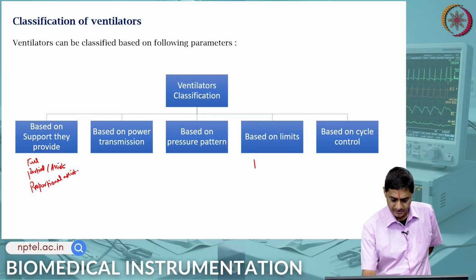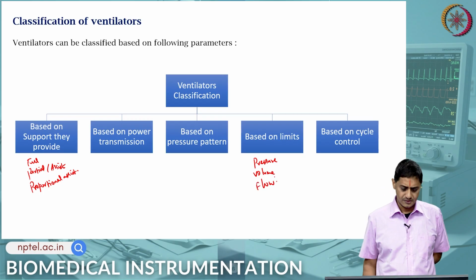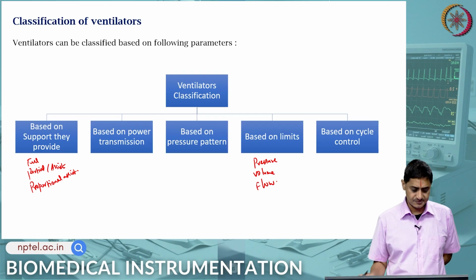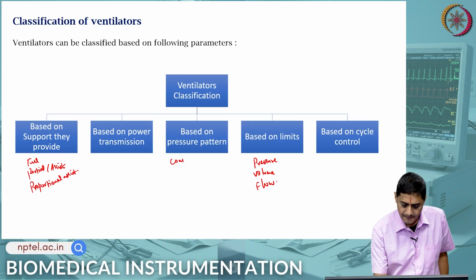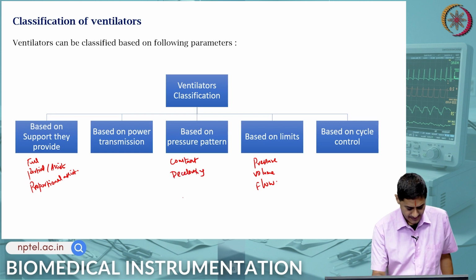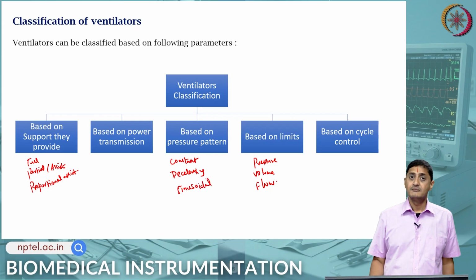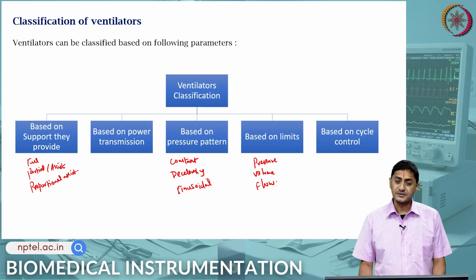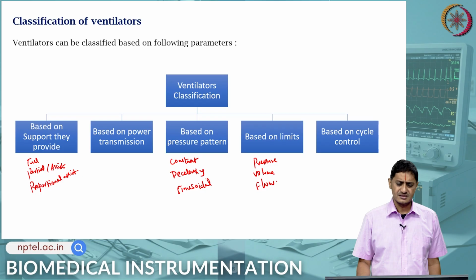Are you limiting pressure, volume, or flow, for example, or based on pressure patterns, constant pressure, decelerating, or, for example, sinusoidal. Based on the cycle control that you are using. These are the various ways in which you can classify the ventilators.